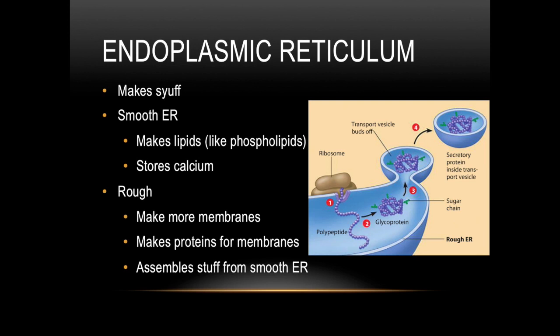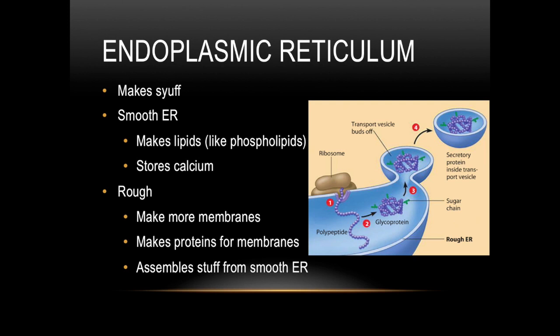Rough ER. The main function of rough endoplasmic reticulum is to make more membranes. We insert phospholipids that are made by the enzymes into the membrane so the membrane can grow. That's really important because the endoplasmic reticulum is going to pinch things off, so it's continually losing membrane and needs to make more.